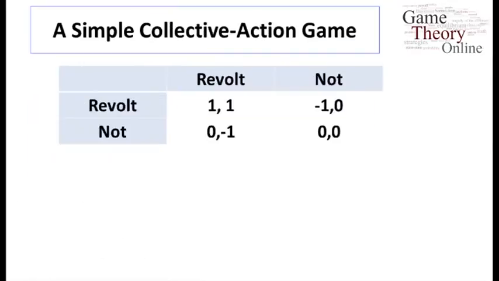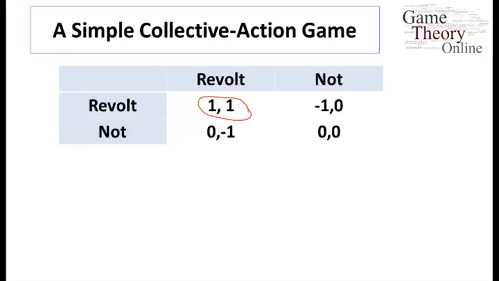2. So let's look at another example. We might call this a collective action game. We have citizens, two of them in fact, and they each can decide whether to participate in a revolution or not. If they both participate, then all is good.